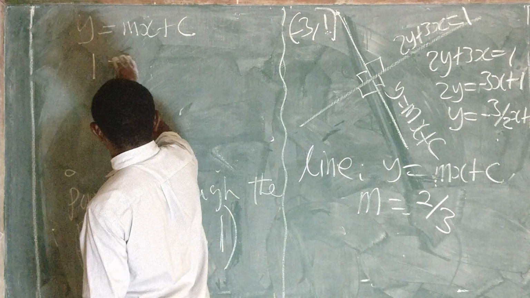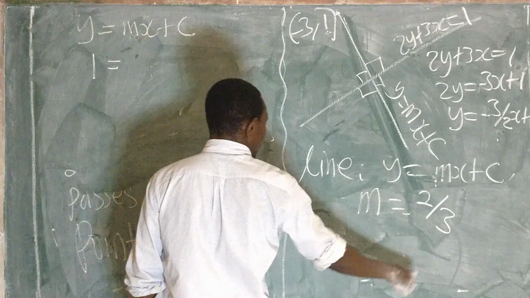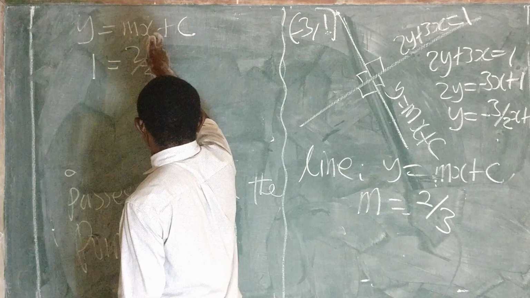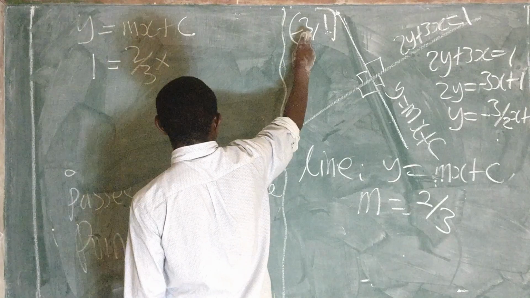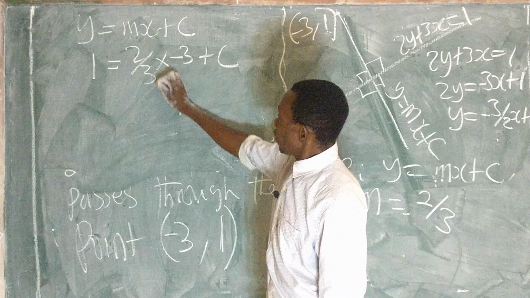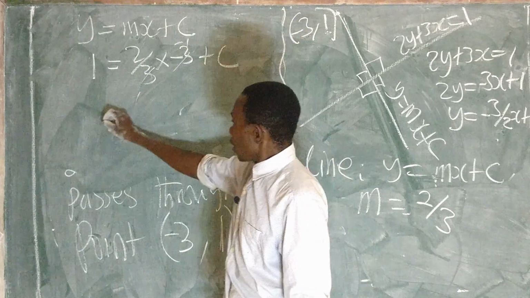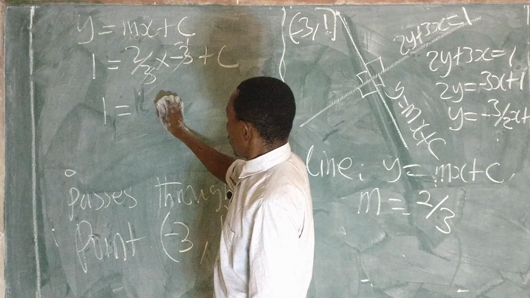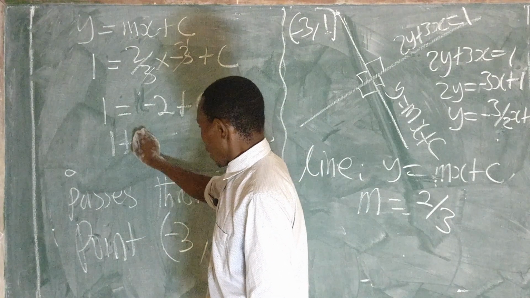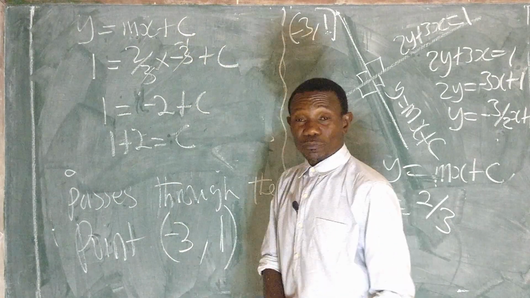So here there should be 1. Where there's m, we write 2 over 3 multiplied by x, which is the -3, then plus c. So what we have here, 3 here, 1, 3 here, -1, and I've got 1 is equal to -2 plus c. So 1 plus 2 is equal to c.